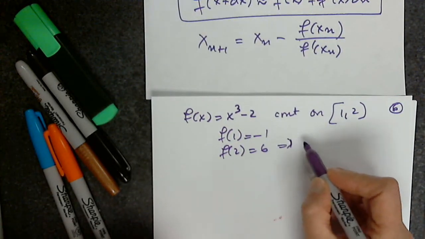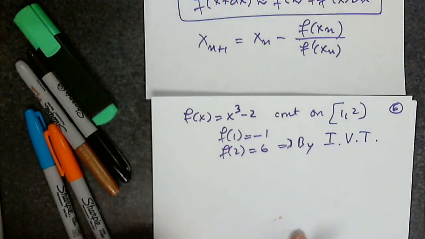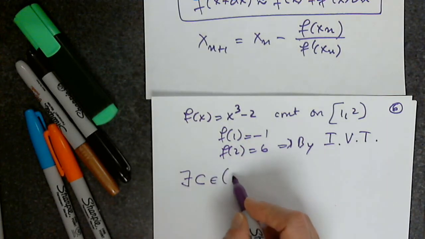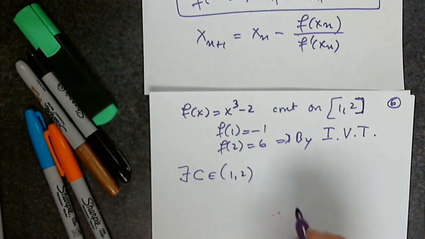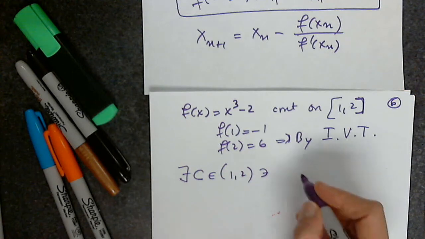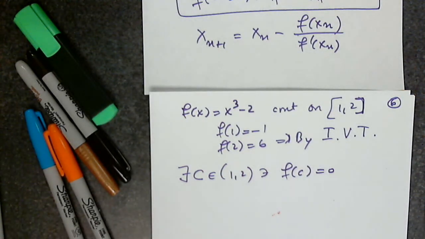Therefore, by the intermediate value theorem, there exists a solution c in the interval [1, 2] such that f of c is 0. So in other words, there is a root between 1 and 2.